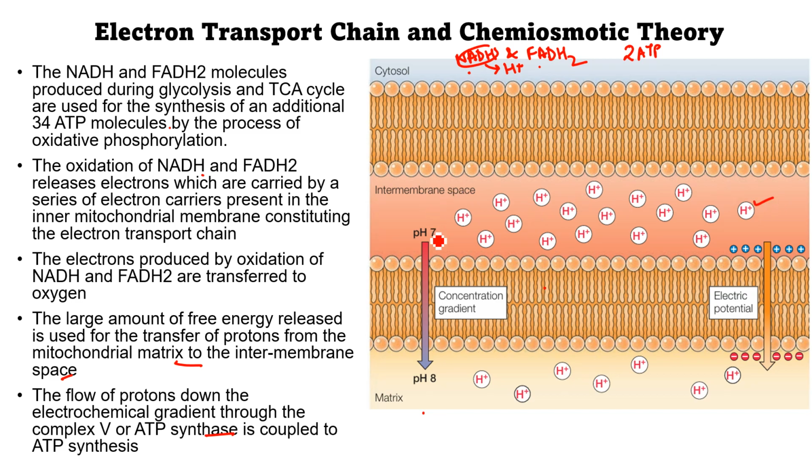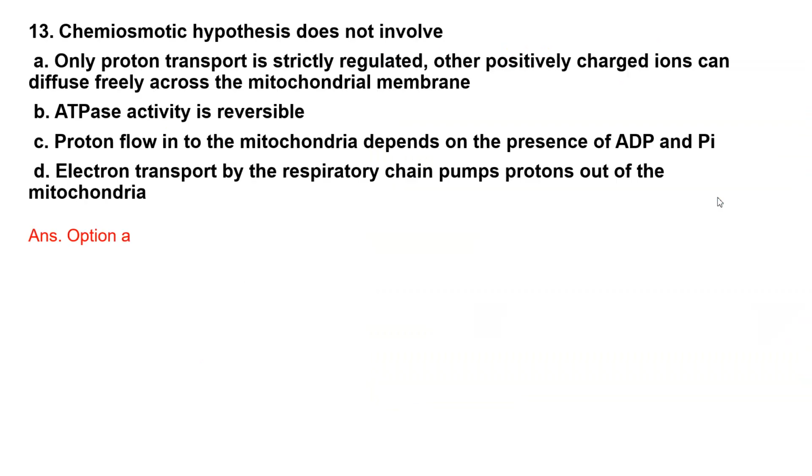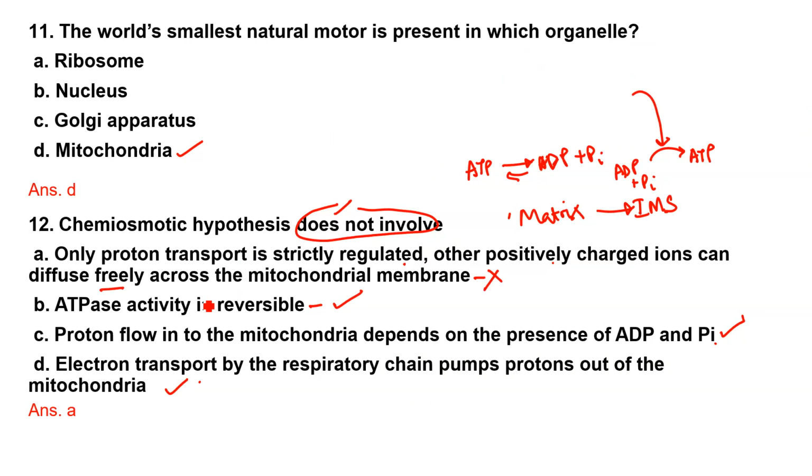But the transport of any other ions, for example K plus or Na plus, also has to be regulated very strictly. If the movement of these ions is not regulated, then this electric potential will be disturbed, and the movement of protons cannot be coupled to ATP synthesis. So statement A is false.